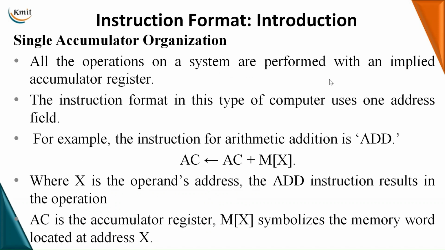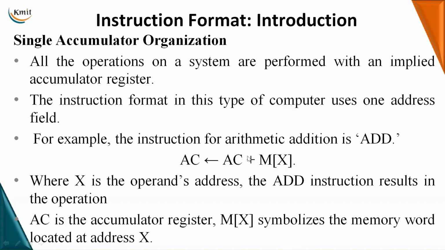Coming to single accumulator organization, all the operations are performed with the implicit accumulator register. The instruction format of this type of organization uses only one address field. So the address part contains only a single address. For example, consider the arithmetic operation, addition.